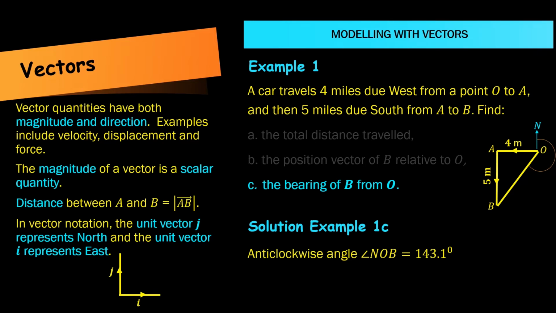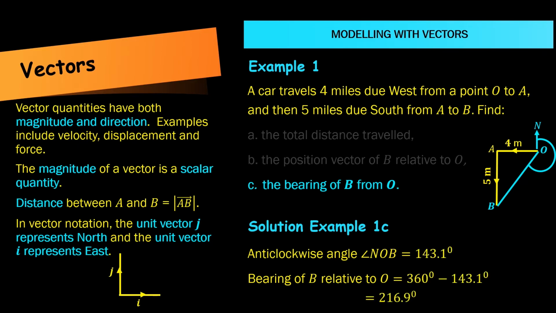However, we are actually required to find the clockwise angle NOB. And this is equal to 360 degrees minus 143.1 degrees, which is equal to 216.9 degrees.